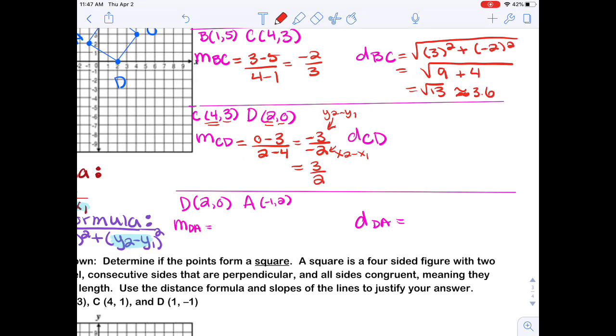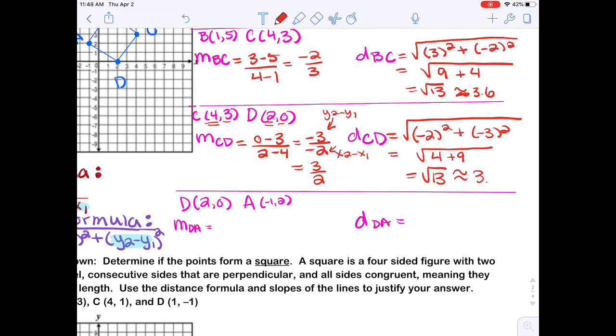The numbers that we get before we simplify. So if I look here, I have the square root of negative 2 squared plus negative 3 squared. Well, negative 2 squared would be 4. Negative 3 squared is 9. So here I get the square root of 13, which is approximately 3.6.